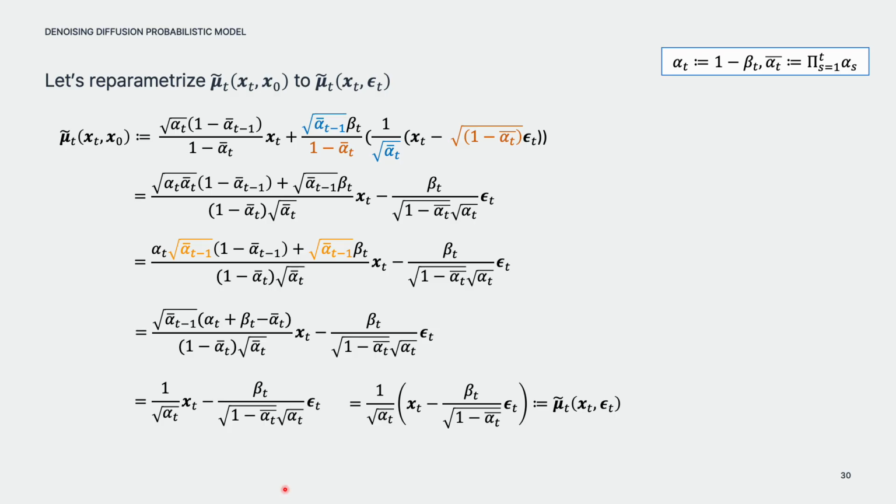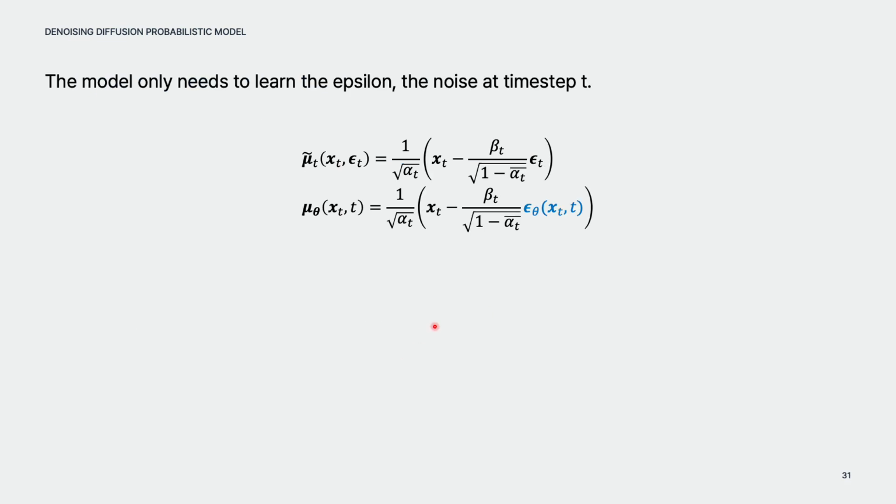As explained before, this is a better parameterization as it clearly breaks down the posterior mean into xt, which we know for sure, and epsilon t, which we never know. So again, if we define mu tilde t as such, the modeled mean mu theta is also modeled as such. We only need to predict the epsilon t, which will be modeled as epsilon theta.